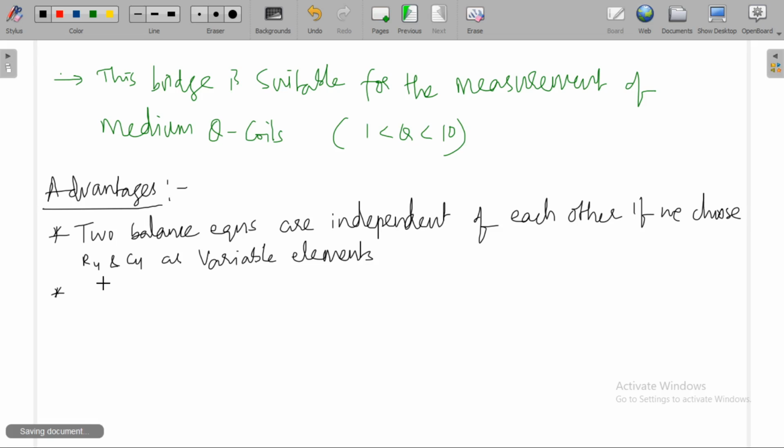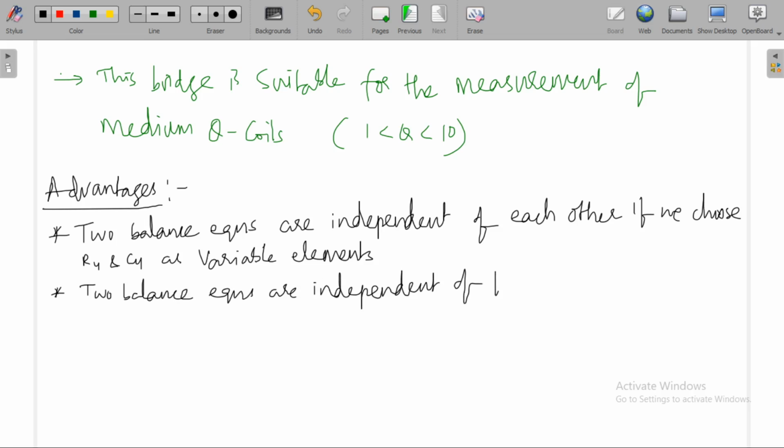The frequency term is not present in the balance equations. So the two balance equations are independent of frequency.